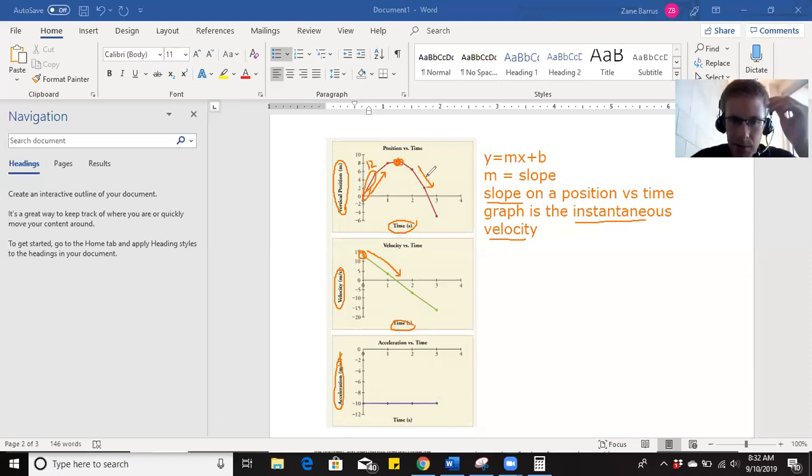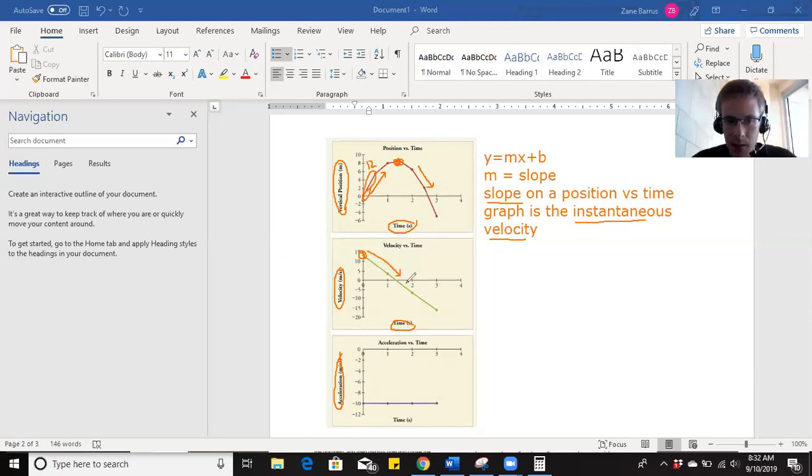Now, after the object reaches this peak on the position versus time graph, it starts to go down. You can see the slope is now going down, and as it gets further along this graph, it becomes more steep in how it's going down.